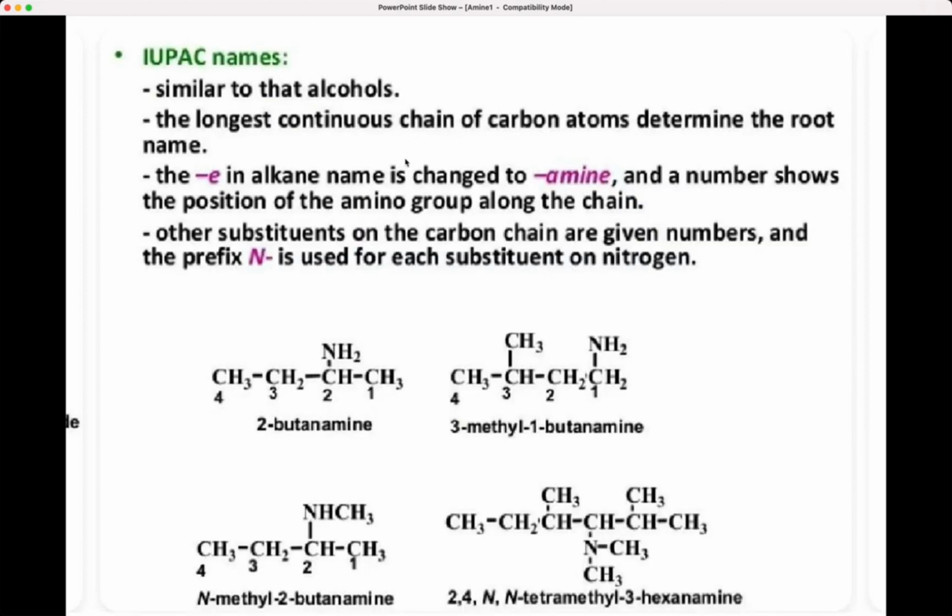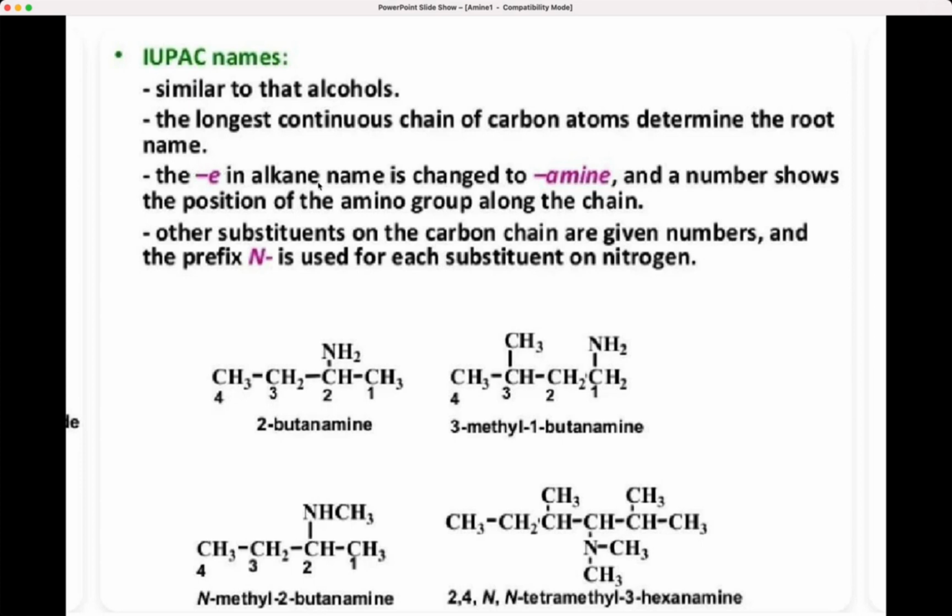Next, IUPAC naming, which is similar to alcohols. IUPAC names are very important, so they come mostly in the exam, and you have to remember the concepts well, how to identify. You take the longest continuous chain of carbon atoms and find the root name depending upon the number of carbon atoms. For example, 3 carbon atoms is propane, 4 carbon atoms is butane, 5 means pentane, 6 means hexane, like that.